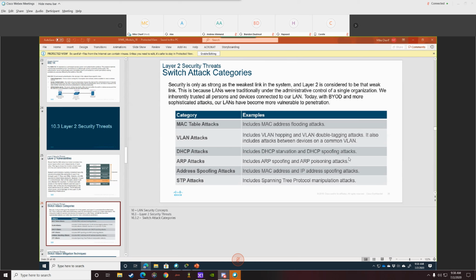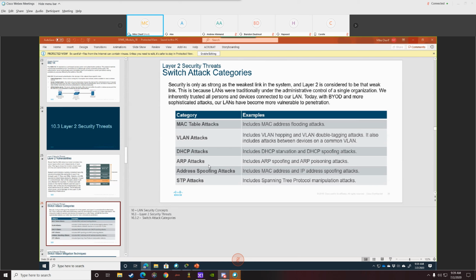Basically, you have DHCP spoofing attacks, and we also include ARP spoofing, ARP poisoning attacks. There's another configuration for that. Why do you send ARP? You have the IP address of a host, but you want to communicate with that host, so you need a MAC address.